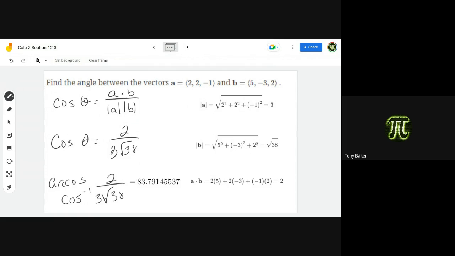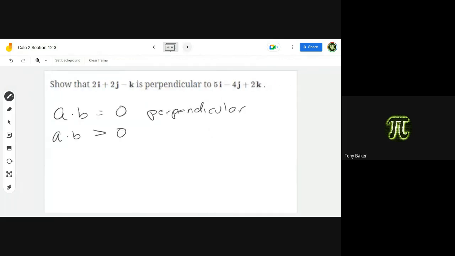Because it's a length. So that means that cosine of theta is going to be positive, correct? So what kind of angles is that going to give me if cosine is positive? It's going to be acute, because that's all the numbers from 0 to 90 degrees. So if my dot product is greater than 0, I'm going to have an acute angle. Acute angles are less than 90 degrees.